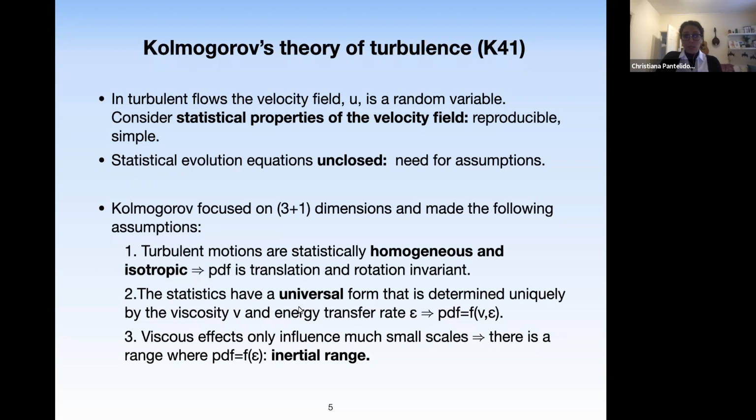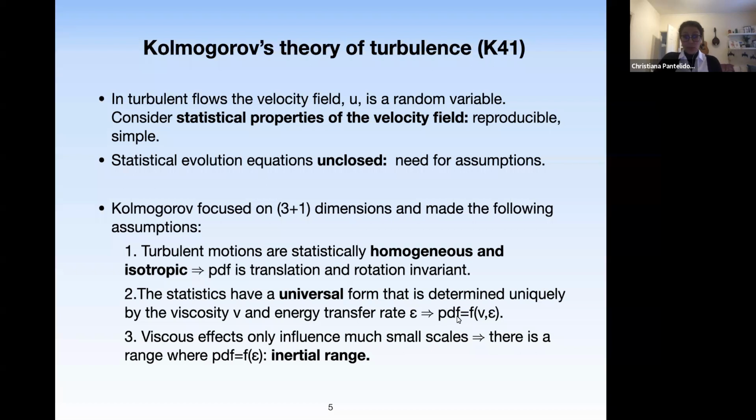Essentially, the interpretation of this constant is the rate at which energy is transferred across scales. So the punchline of this hypothesis is that the probability distribution function can only be a function of the viscosity and the energy transfer rate.